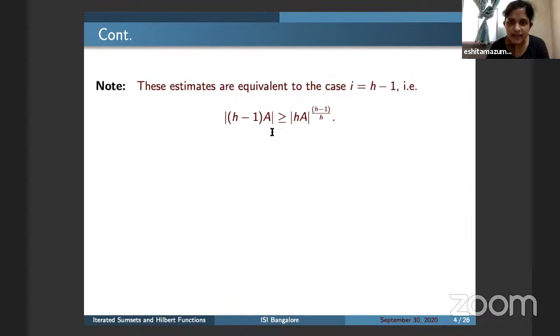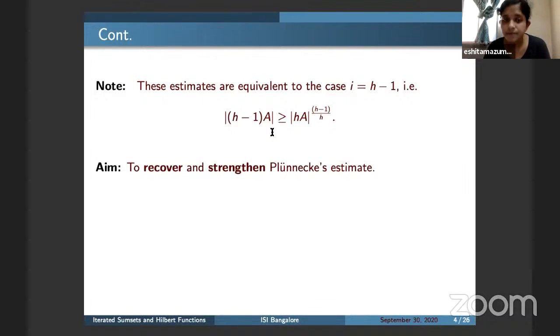Now, as I said earlier, our main aim is to recover and strengthen Plunnecke's estimate. Now, how to do that? We are mainly following two steps.